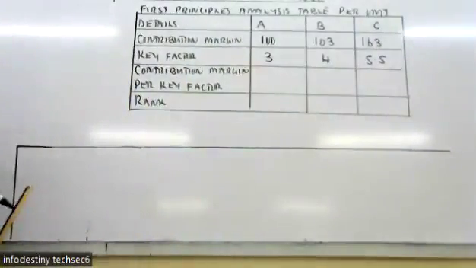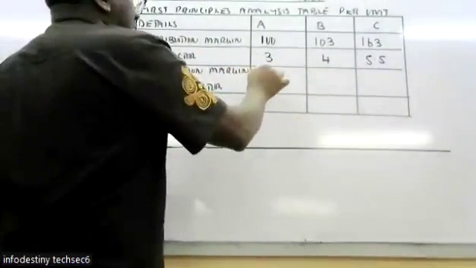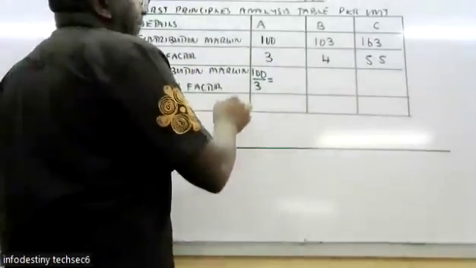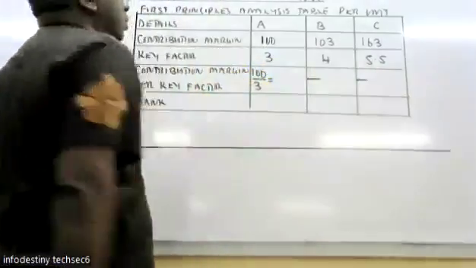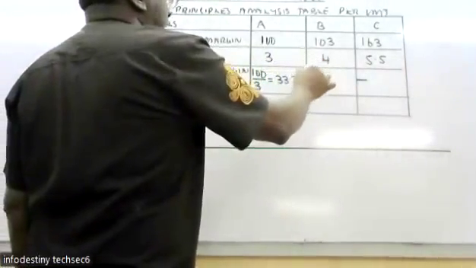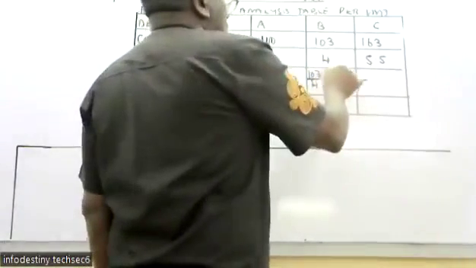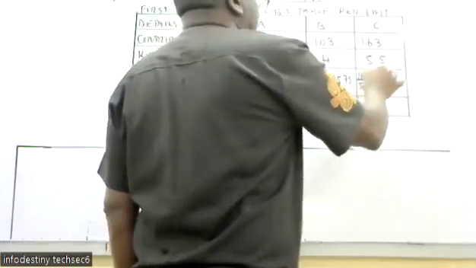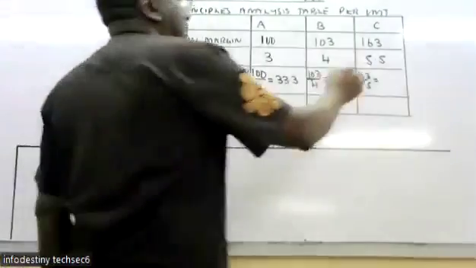So sasa, 100 divided by 3 is 33.3, then 103 divided by 4 is 25.75. 163, you divide by 5.5, 29.64.